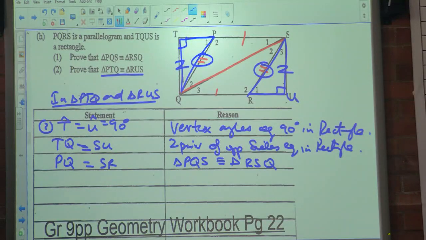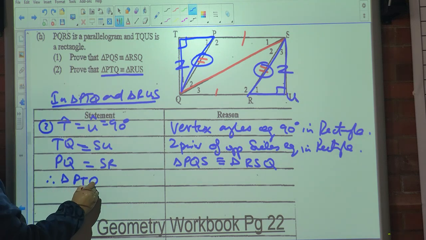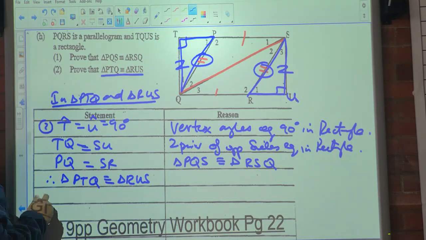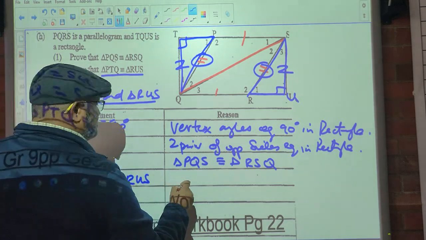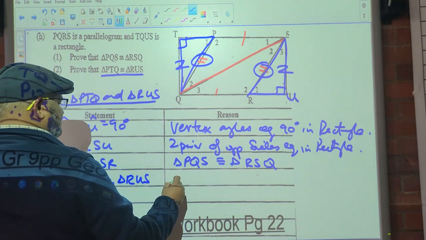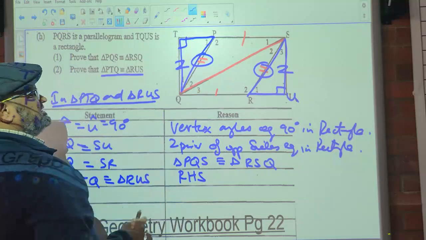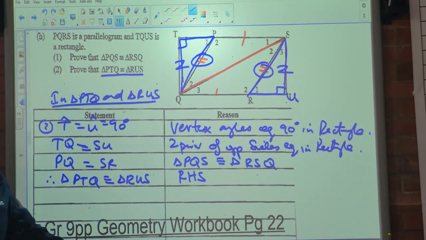Okay, we could have said proven above, as I just said earlier. People, that's enough to conclude congruency, so therefore triangle PTQ is congruent to triangle RUS. Why? Because it's the case of right angle, hypotenuse, side. As you can see, you use the 90 degrees and the hypotenuse. Okay?